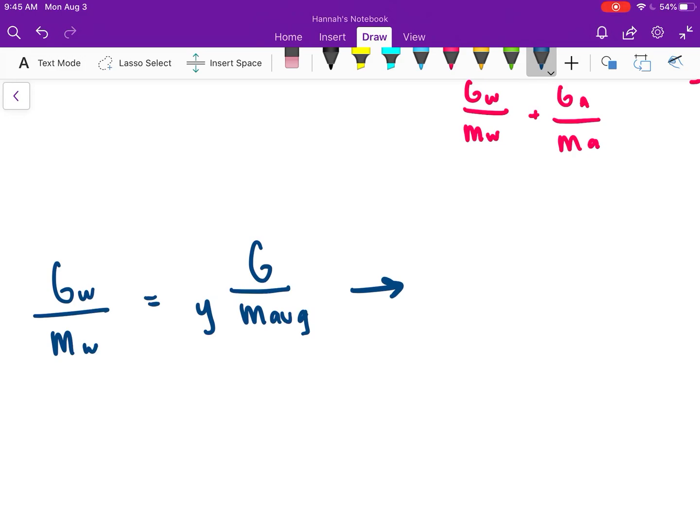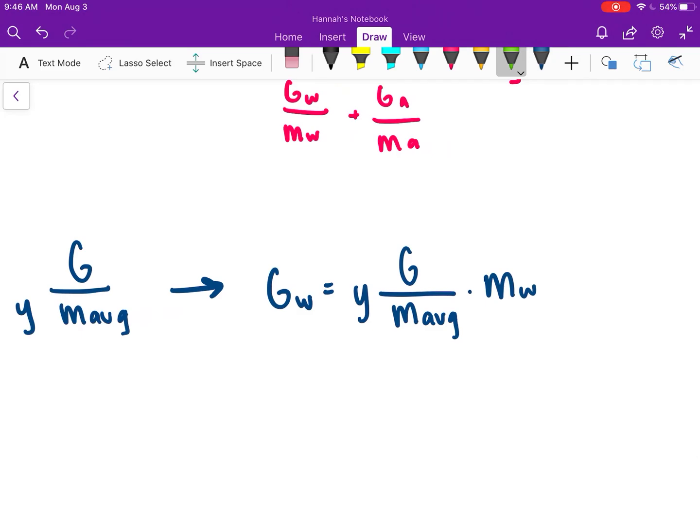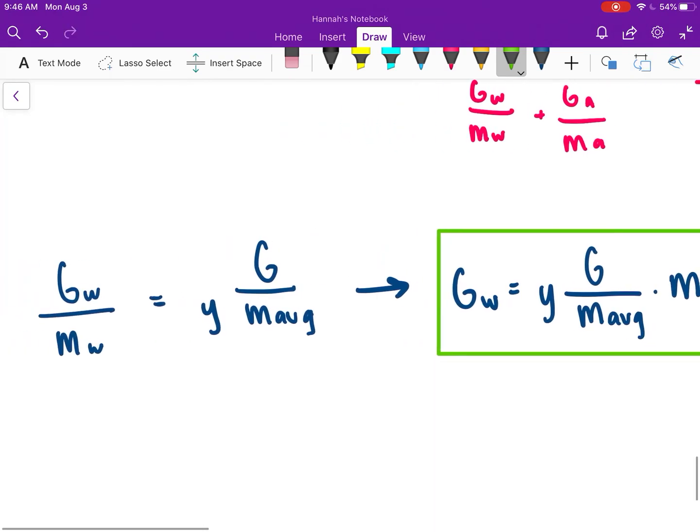So then you can just rewrite it by multiplying this MW over to the other side and say that the flow rate of the water is equal to the mole fraction times the total flow rate over the average molecular weight times the molecular weight of the water. So we've got another little equation to help us solve stuff later.